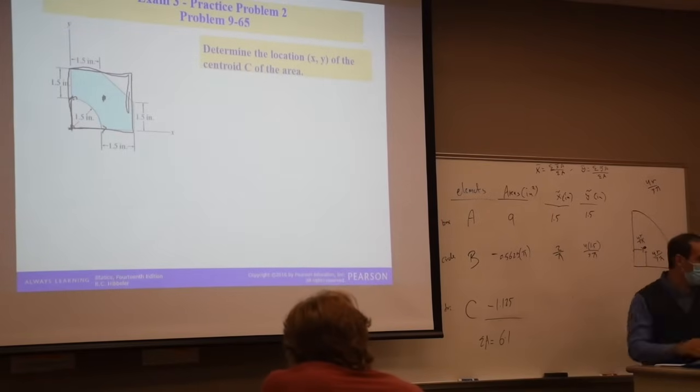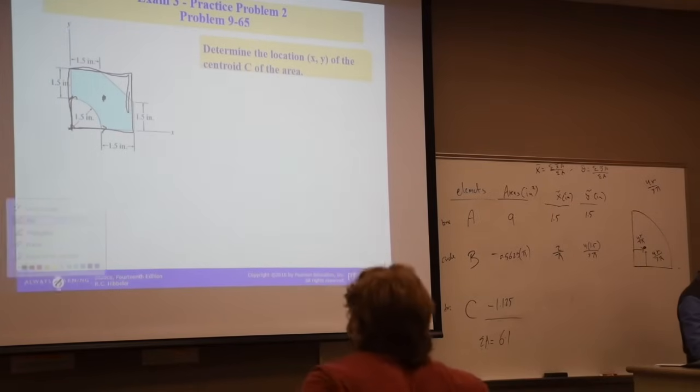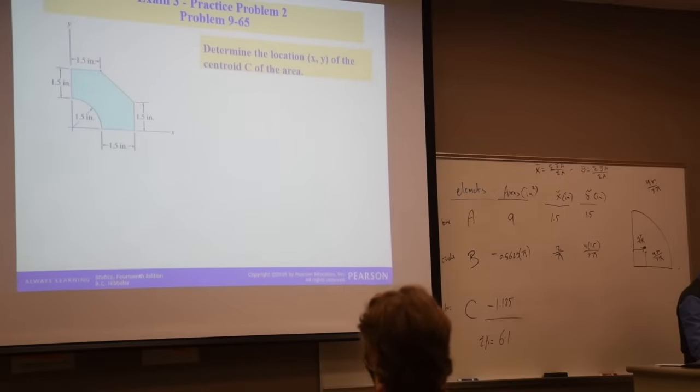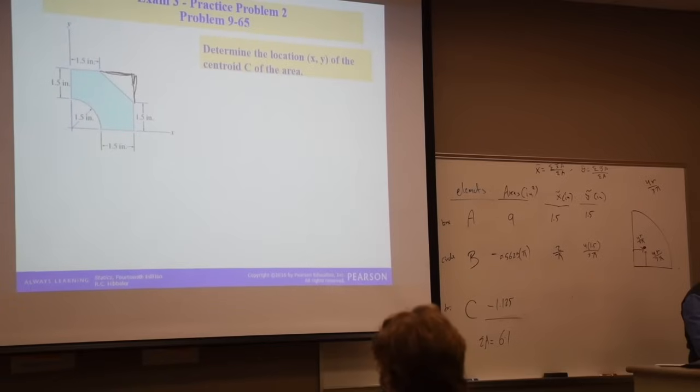Now, for the triangle, this is my triangle, correct? This is a right-hand triangle. I need to move away from this in the x-axis. I need to move 1/3 of this distance, right? So this is 1.5. Do we agree?